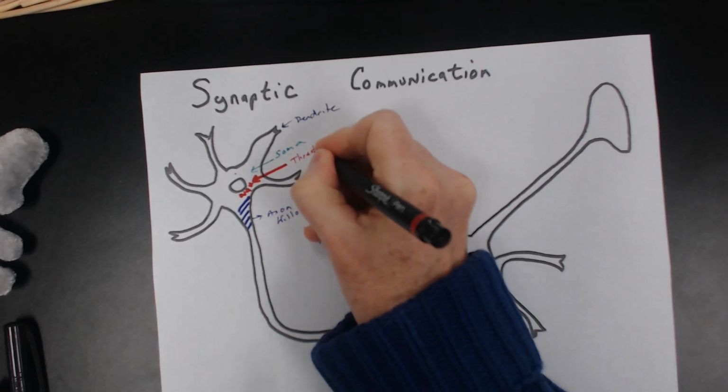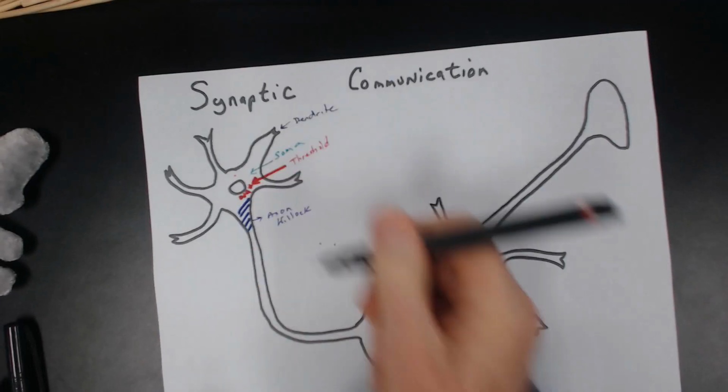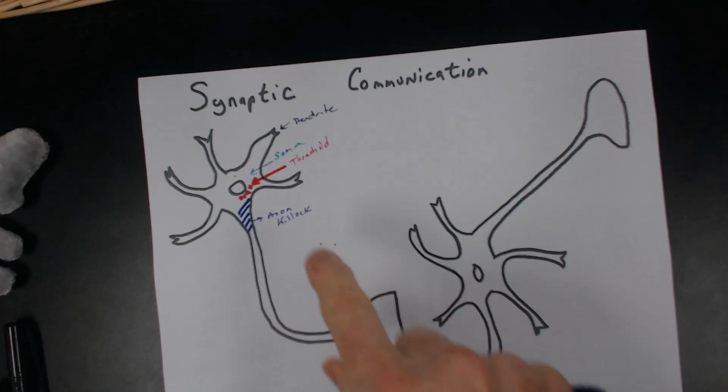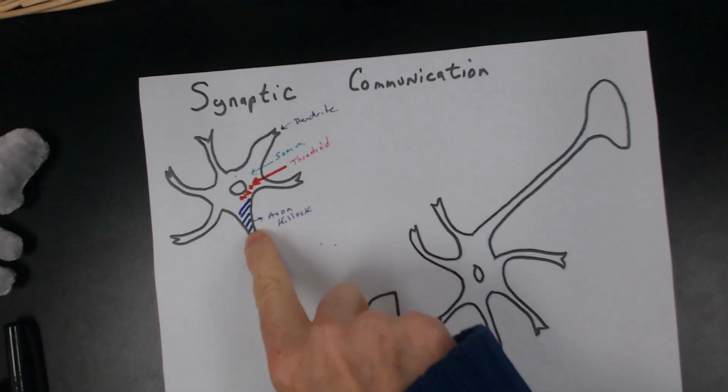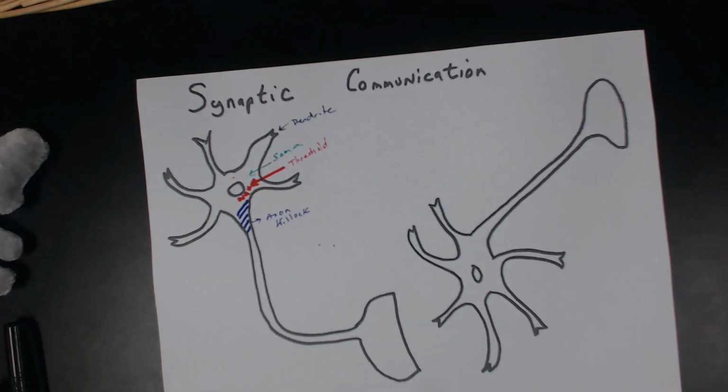At that mechanical threshold, I can feel it, so sodium starts to rush into the cell. When that cell gets to the point where you reach minus 50 millivolts, and that minus 50 millivolts hits the axon hillock, the action potential happens.